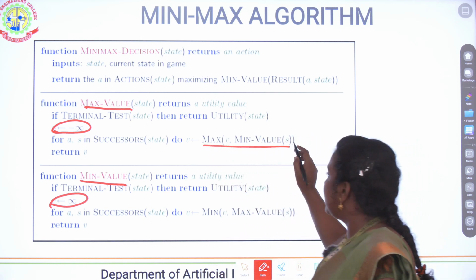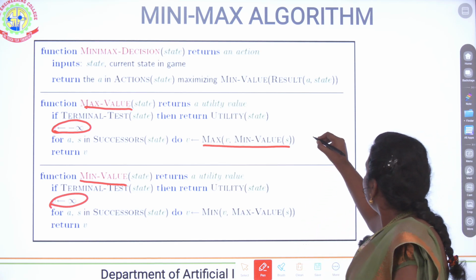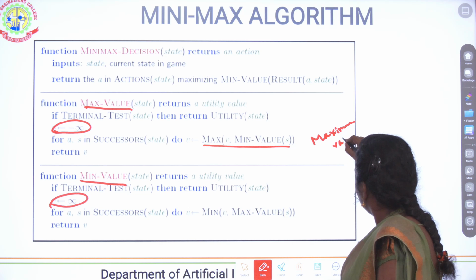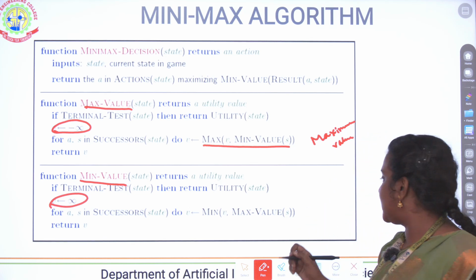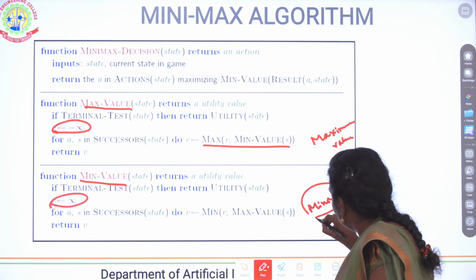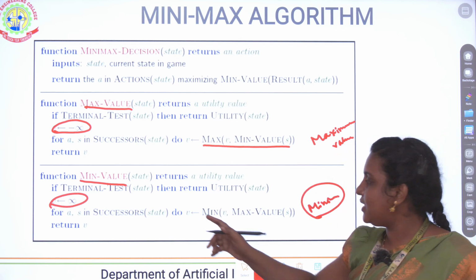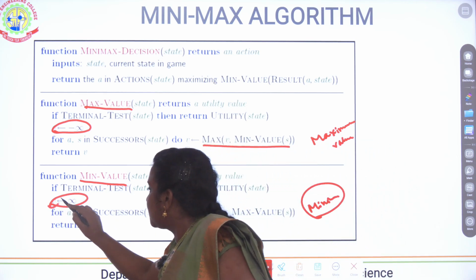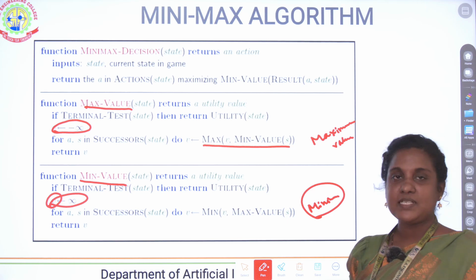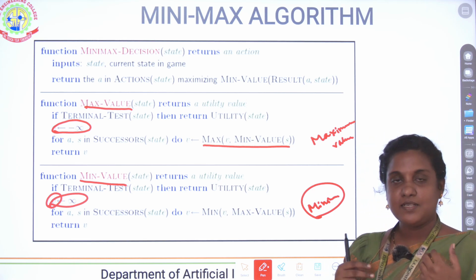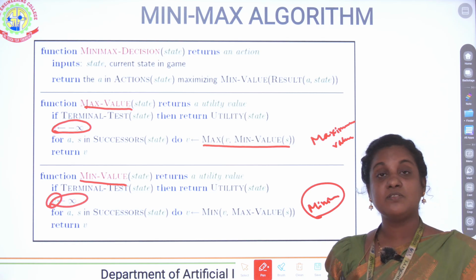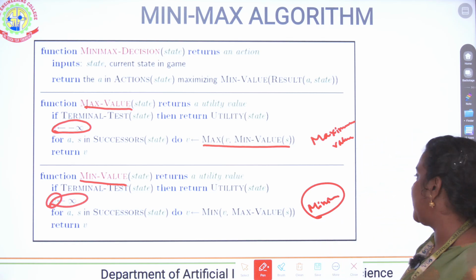Max always takes the maximum value and replaces V with it. Min always chooses the minimum value to replace the value V. The concept here is that max always tries to increase the winning chances, and min always tries to reduce the winning chances of the max player.